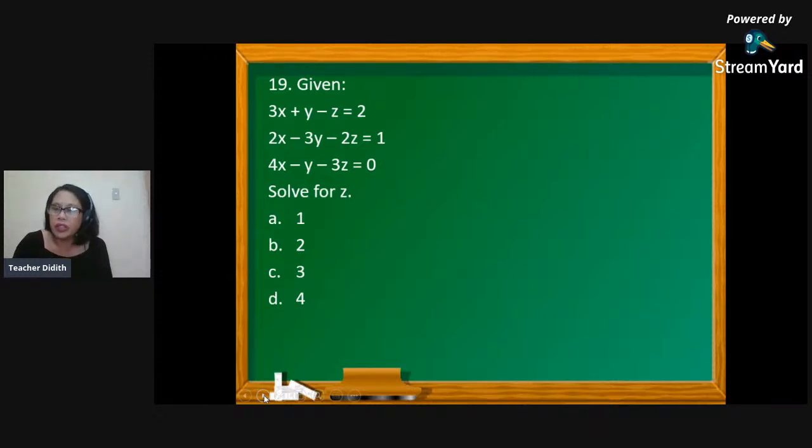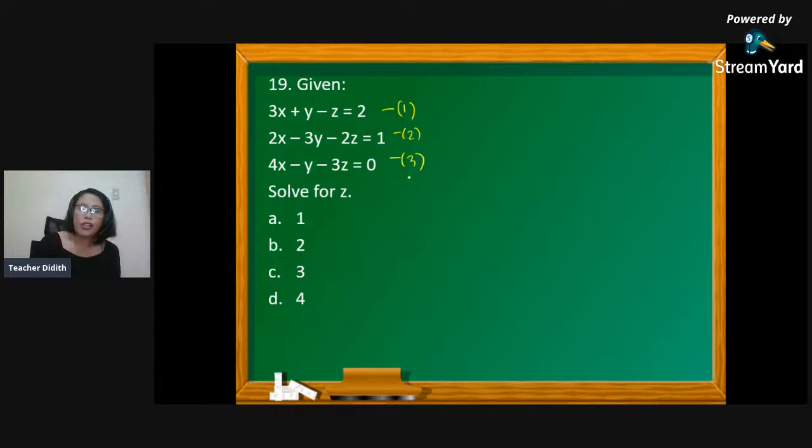So we will be doing some renaming of equations for number 19. Okay, solve. So we will assign this as equation 1, this as equation 2, this as equation 3.